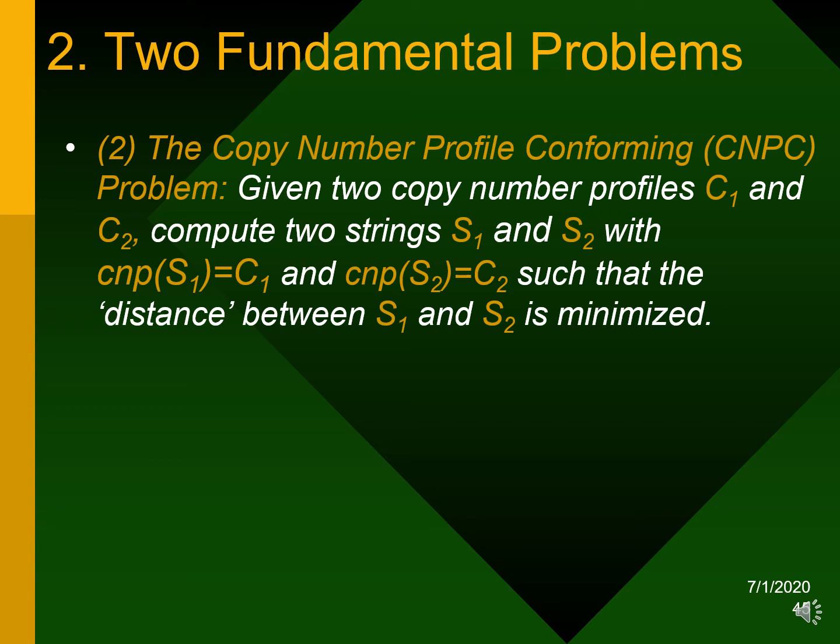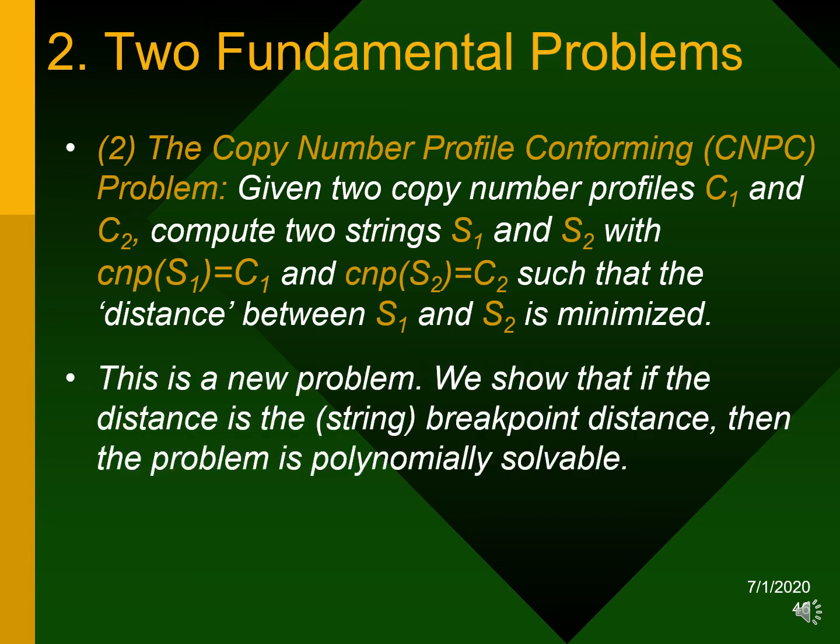Given two copy number profiles, C1 and C2, compute two strings S1 and S2 with CNP of S1 being C1 and CNP of S2 equal to C2, such that some distance between S1 and S2 is minimized. We show that if the distance is the string breakpoint distance, then this problem is actually polynomially solvable.